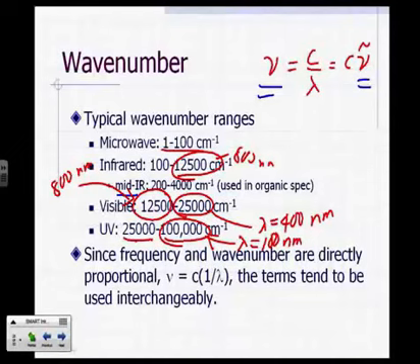So those are really nice boundaries between the typical spectral ranges we deal with. Like I said, since frequency and wave number are directly proportional, the terms frequency and wave number tend to be used interchangeably, because when you say higher frequency, it means higher wave number.